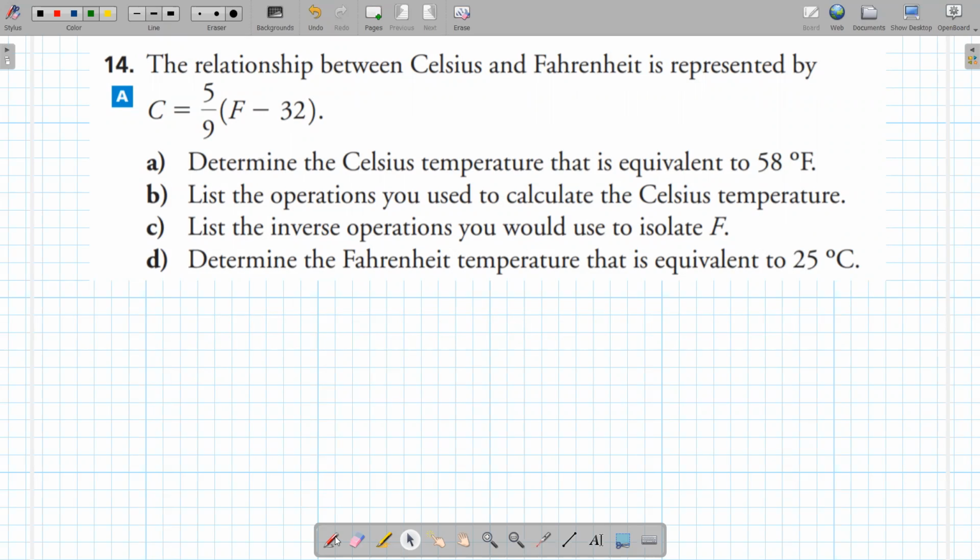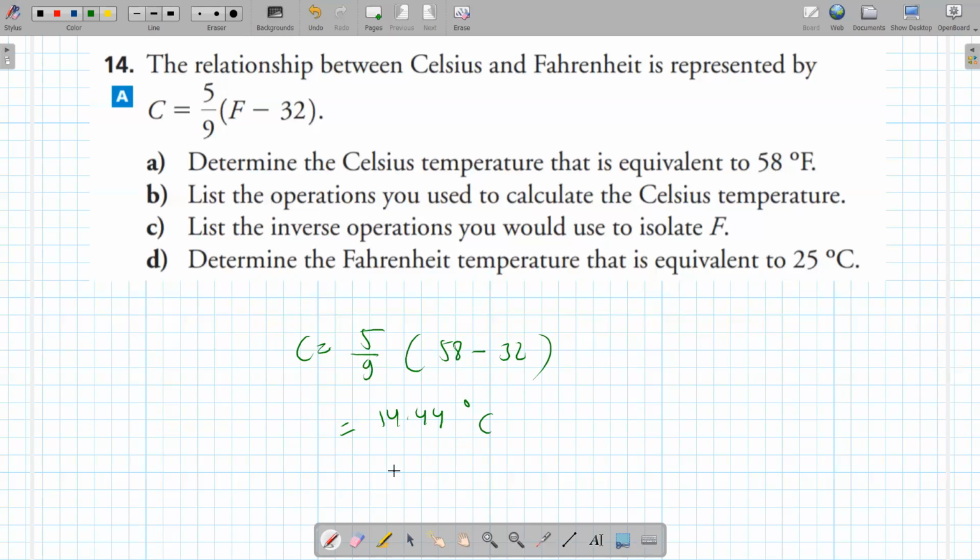So first question here, 58 Fahrenheit, what's the Celsius? C equals 5 over 9 times 58 minus 32. This is a calculator plug and play. 5 divided by 9 times 58 minus 32. So the answer is 14 and 4 over 9, which is 14.44 degrees Celsius.